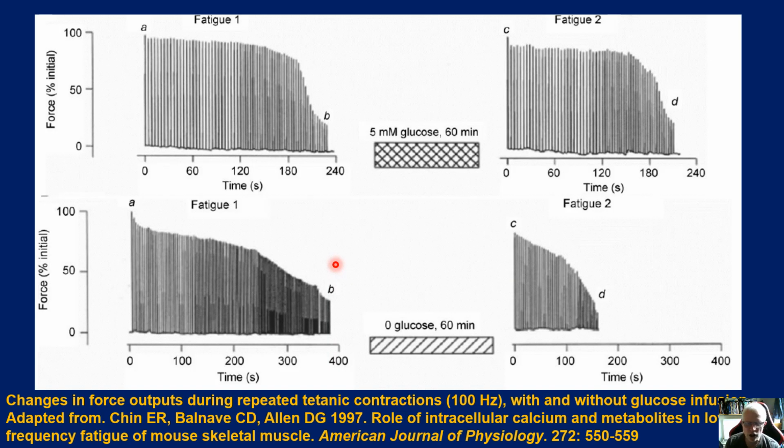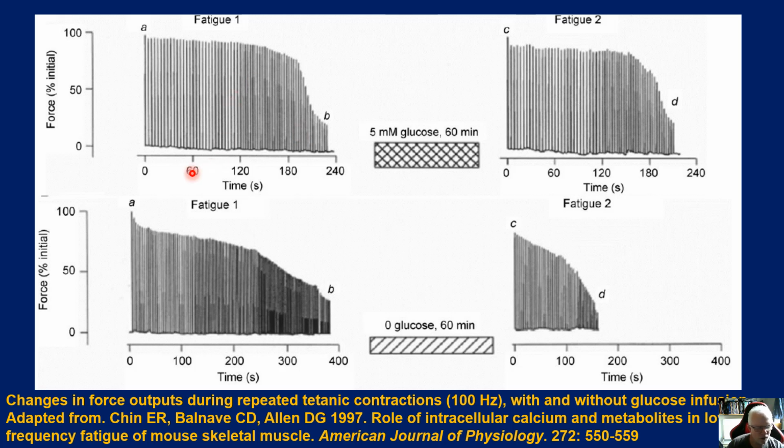And we can see the glucose effect in this really nice figure that we've got here from this paper. What you've got here is repeated contractions at 100 hertz with and without glucose. What they do is they fatigue the muscle here.